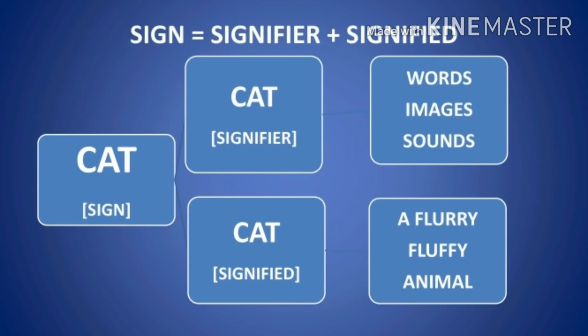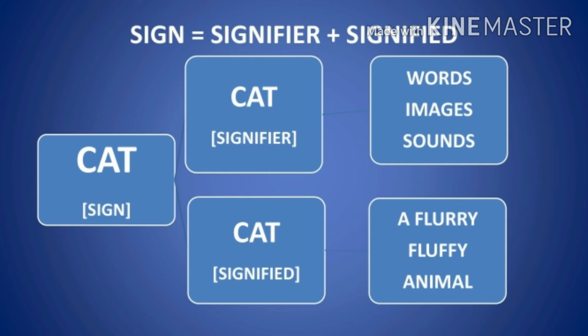That is, the sign equals signifier plus signified, meaning that the sign is composed by combining together the signifier and the signified. So if we replace it with an example, then it will look like this. That is, the cat sign equals the cat sound image plus the concept of a cat. That means it is a furry, fluffy animal.